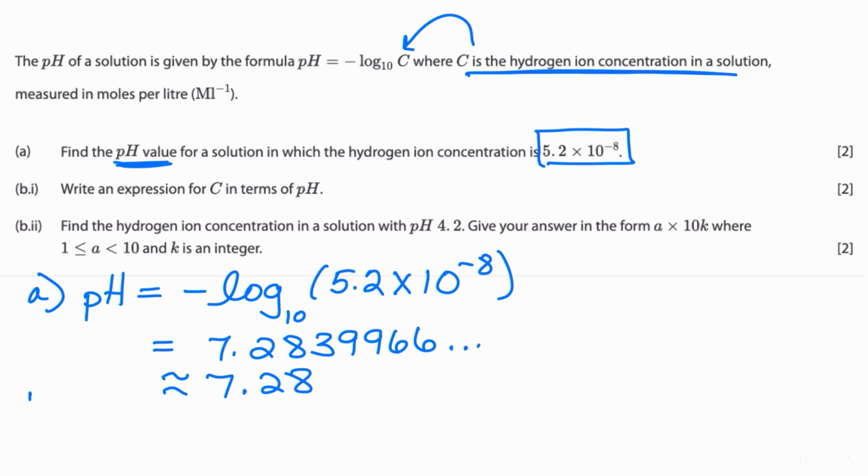Then for part B1, it says write an expression for C in terms of pH. This right here is where you have to switch this from logarithmic form back to exponential form. No matter how complicated it looks, all you are doing is rewriting this.